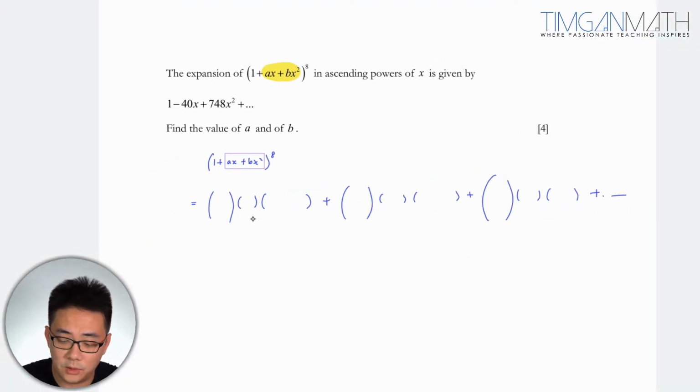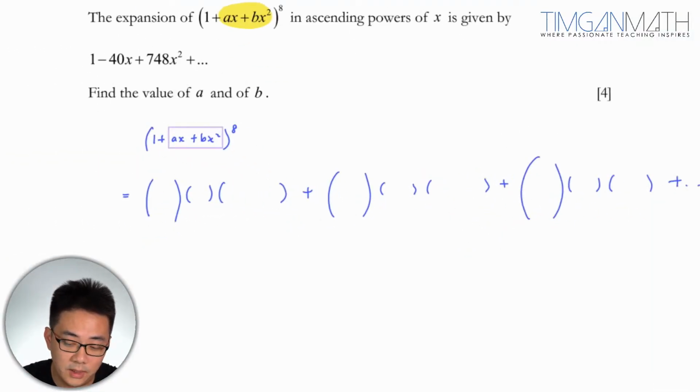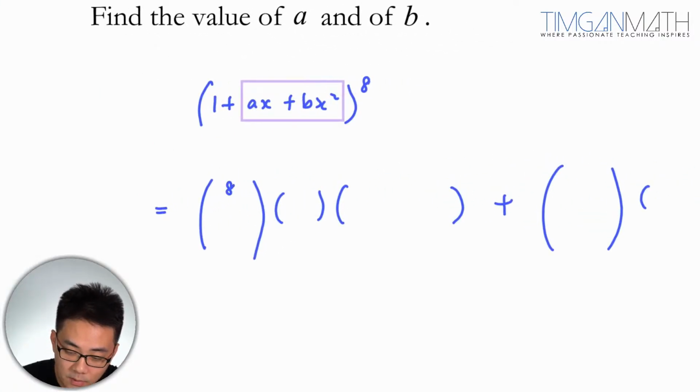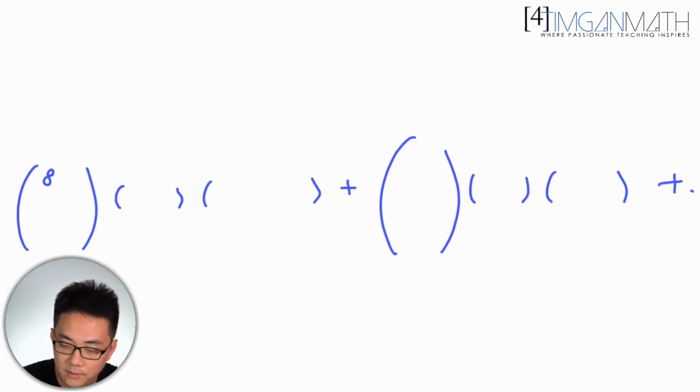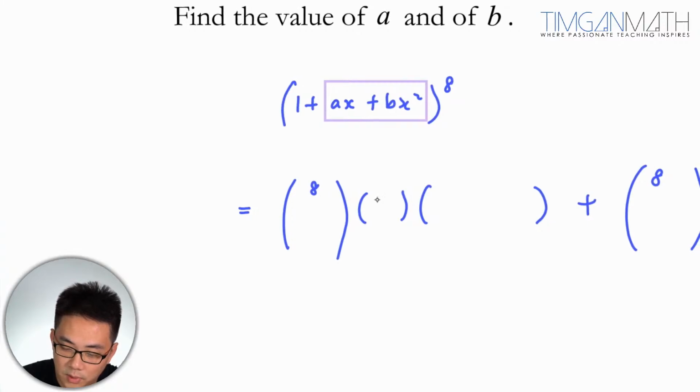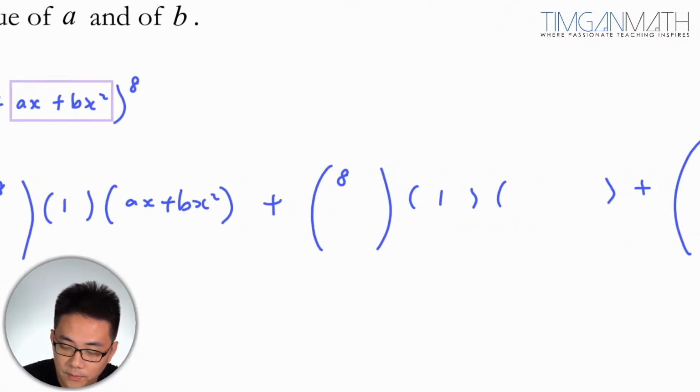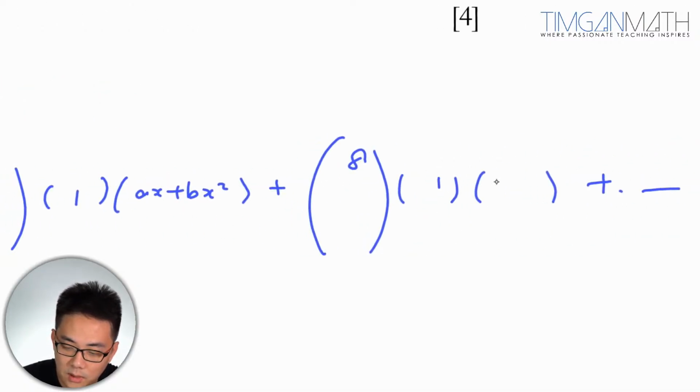Every one is like 3 brackets like this. Then after which you just fill in the blank. This will be 8, this will be 8, this will be 8. And then this will be 1, and this is ax plus bx squared. This is 1, and this is ax plus bx squared. And this is 1, ax plus bx squared.